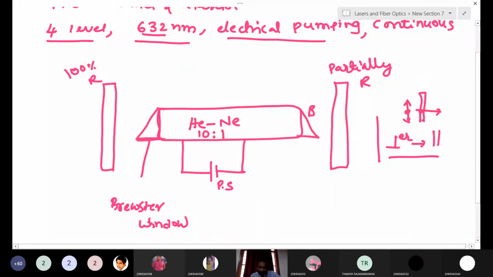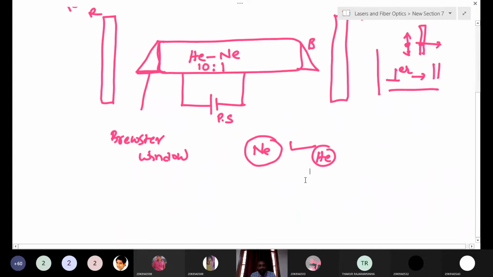The active medium is neon atoms, not helium atoms. Active medium means the medium in which we get population inversion and lasing action. Why do we take helium atoms here? These are lighter atoms.